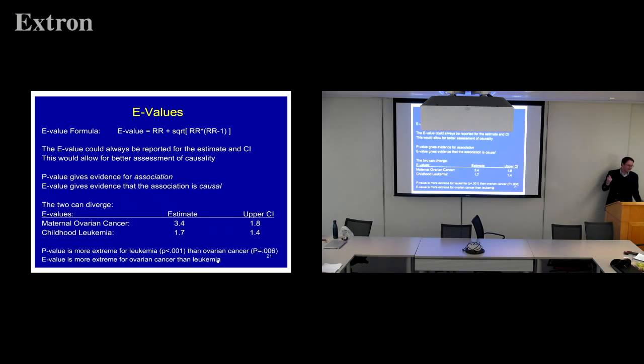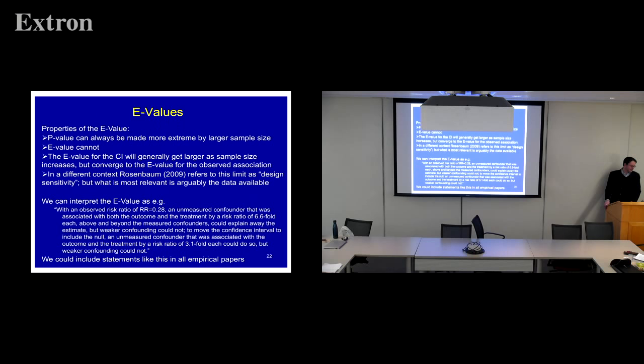So we have stronger evidence that there's really an association for leukemia, but stronger evidence that the association is causal for ovarian cancer. So I think it's worth reporting in addition to the p-values. And they have different properties. The p-value can always be made more extreme by increasing the sample size. The e-value cannot. It will converge to the e-value for the true, actual confounded association.